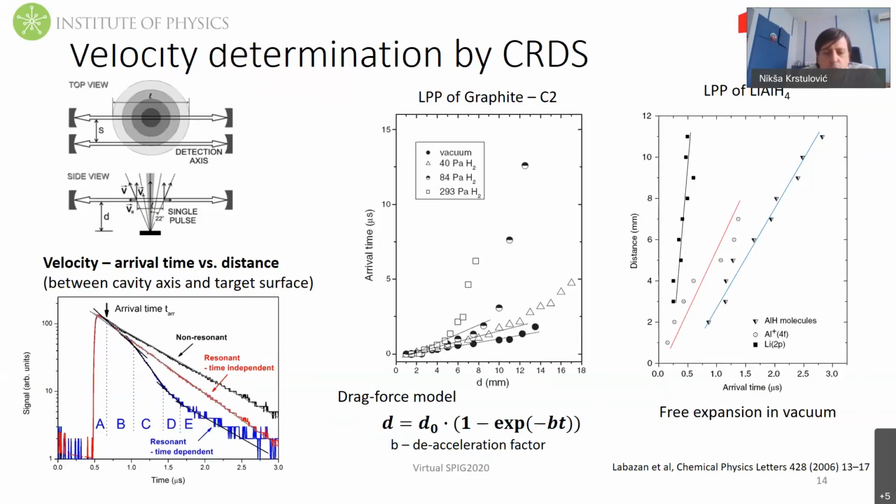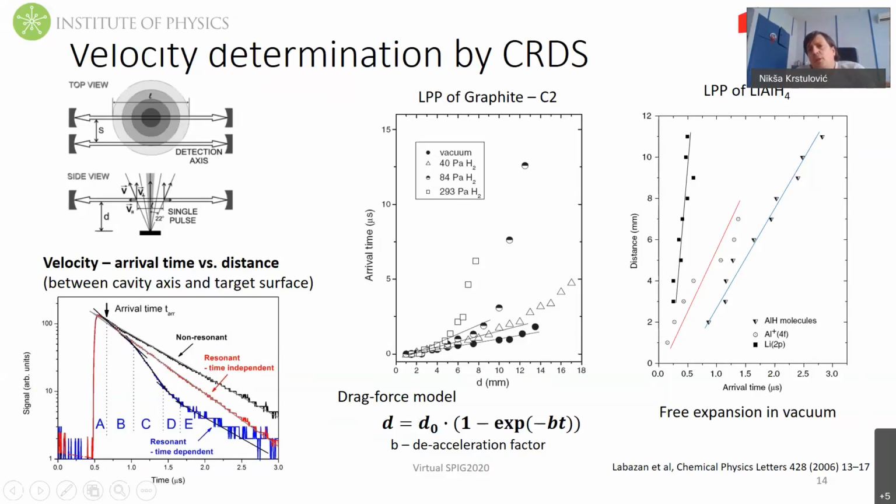By using the drag force model, or maybe some other models where we can apply them, we can then calculate the deceleration factor, and this factor d0, which is actually the maximal distance which particles may reach with respect to the target surface. In vacuum, there is free expansion of ablated species.